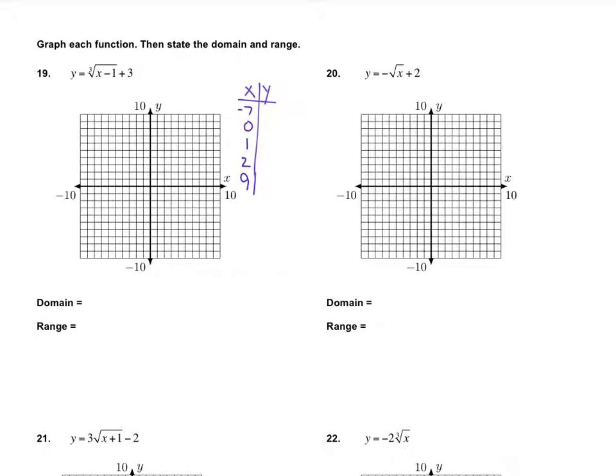When we plug negative 7 in, negative 7 minus 1 is negative 8. Cube root of negative 8 is negative 2. Plus 3 is 1. If we keep plugging those in, we're going to get 0 gives us 2 for y. 1 gives us 3. 2 gives us 4. And 9 gives us 5.